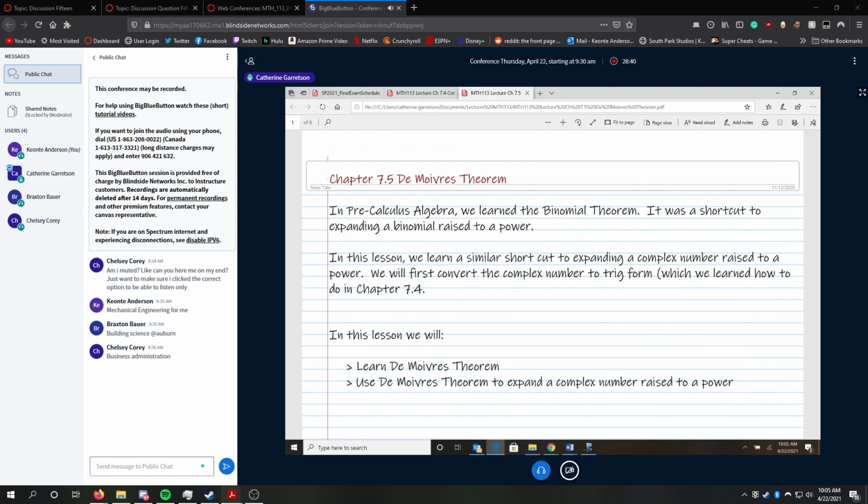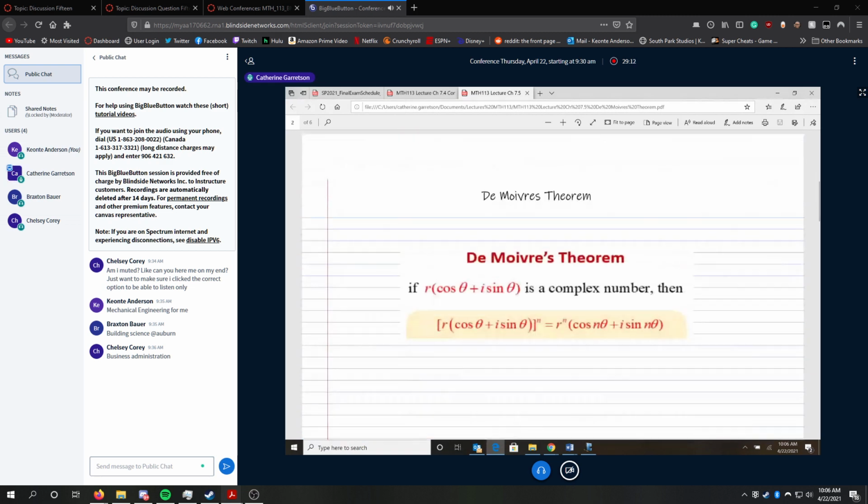There is a shortcut using the binomial theorem to raise a binomial that doesn't have i in it. It's just a binomial, like maybe 2x plus 5, and you want to raise it to the 10th power. That would be pretty hard to do by hand, take you a long time, just tedious, really. But with the binomial theorem, you could do it pretty quickly. Well, this is similar. It's going to make it easier.